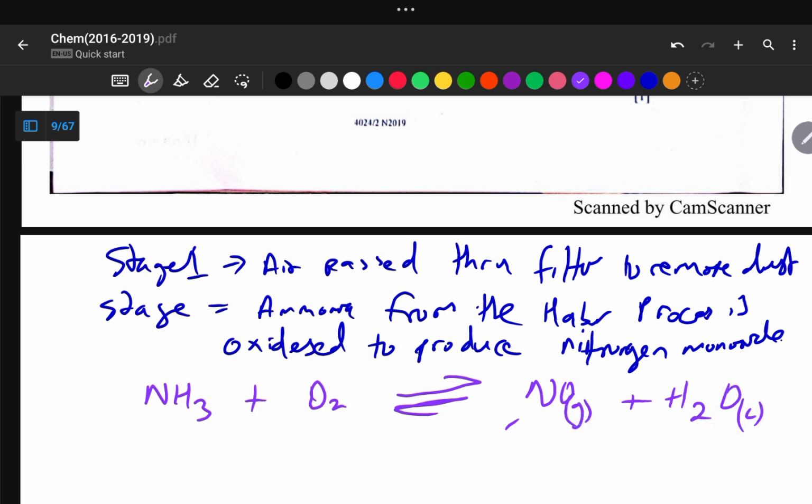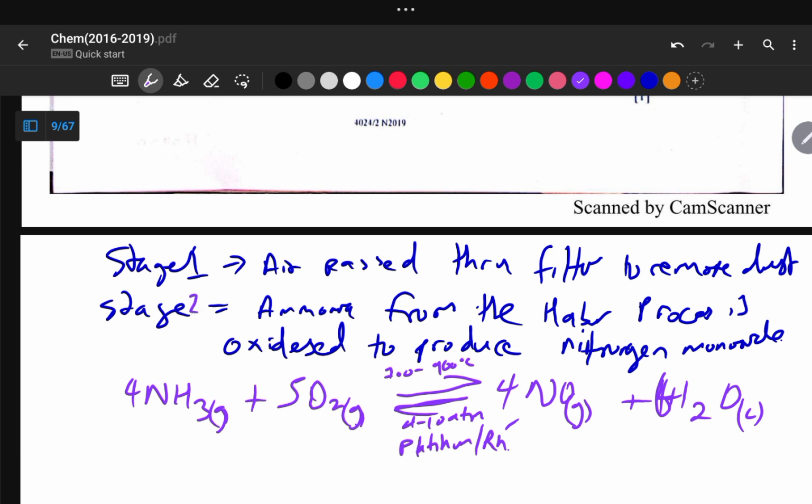Then gas, then here is a 4, then here is a 6, right? Then here is a 4, and then here 5, and then here 4, right? So this one is gas, and then the conditions: 700 to 900 degrees, then 4 to 10 atm, and then platinum or rhodium catalyst, right? So this is stage 2.